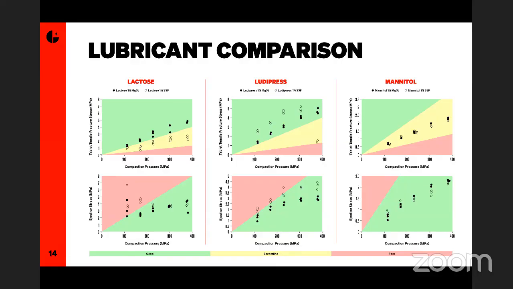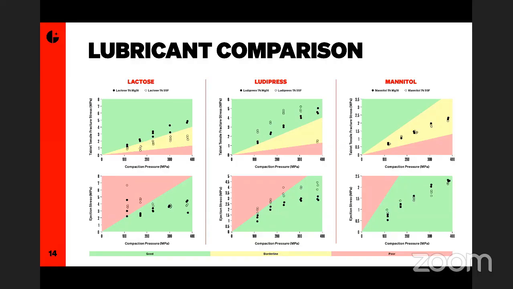If you look at the lower graph for the ejection stress, you can see there's not a huge difference in the ejection stress values. You could argue that the magnesium stearate has very slightly lower ejection stress values. So here, the magnesium stearate is giving us stronger tablets, and it's the slightly better lubricant. So all things being equal in this situation, you would choose the magnesium stearate over the SSF.